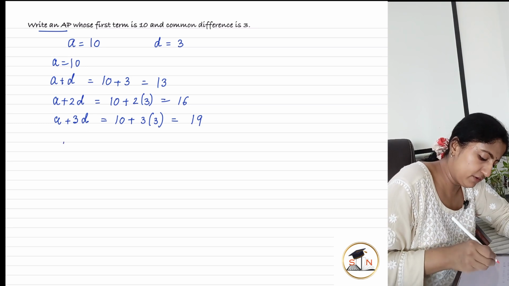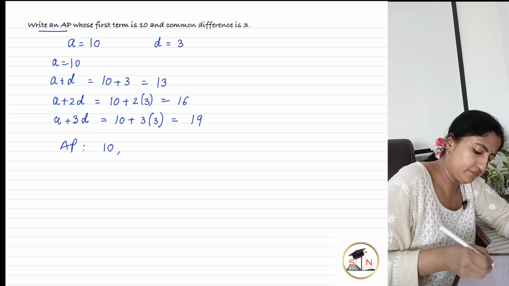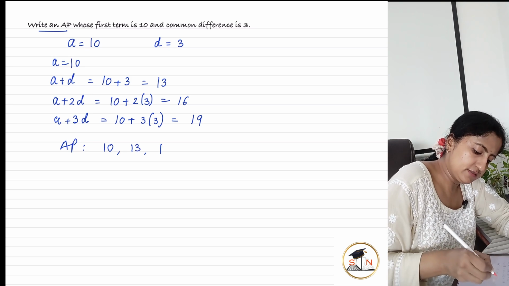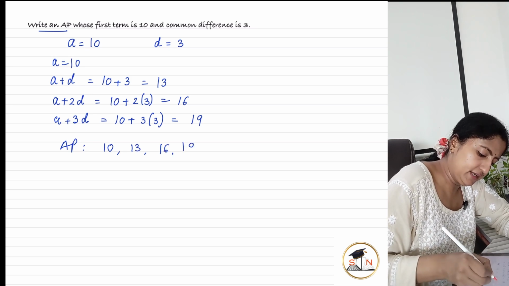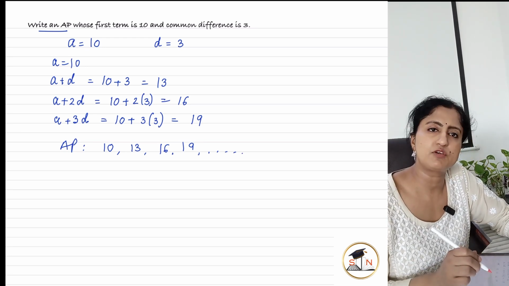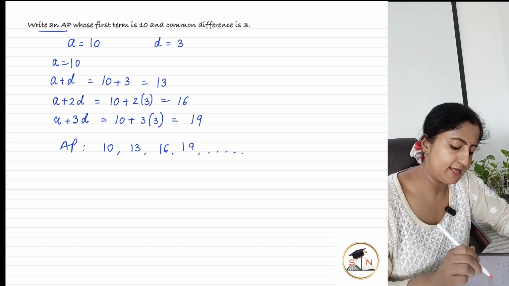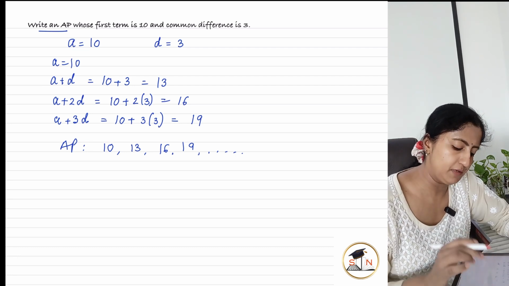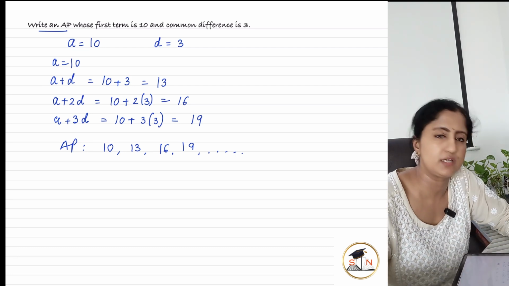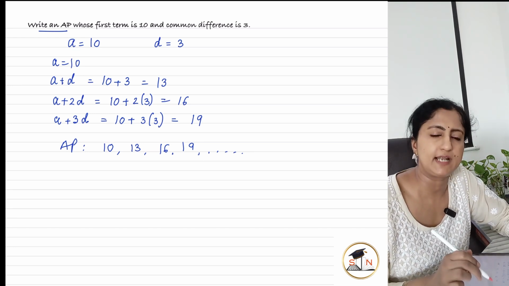So at the end, we will be writing AP is 10, 13, 16, 19, and so on. Remember, whenever we are writing the terms of an AP, it is necessary to separate them with commas. And at the end, if no limit is mentioned, the value of n is not mentioned, it is necessary to mark some dots at the end.